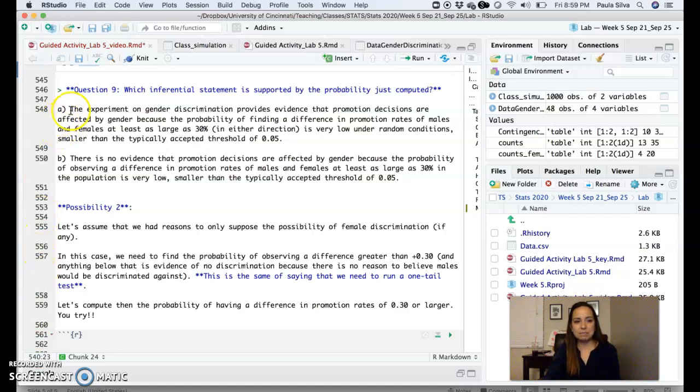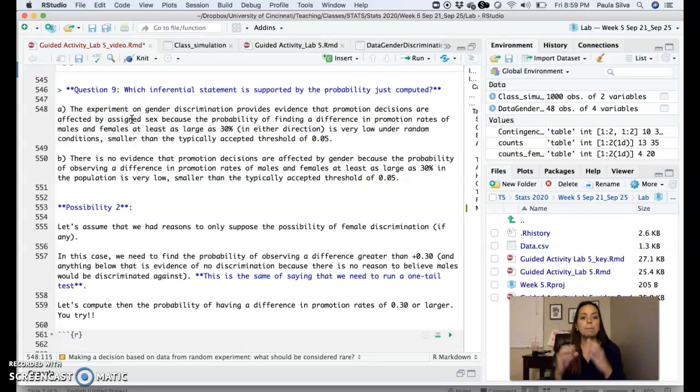So A says, the experiment on gender discrimination provides evidence that promotion decisions are affected by gender. I should say assigned sex, because really that's what they measured. Because the probability of finding a difference in promotion rates of males and females at least as large as 30% in either direction is very low under random conditions, smaller than the typically accepted threshold of 5%.